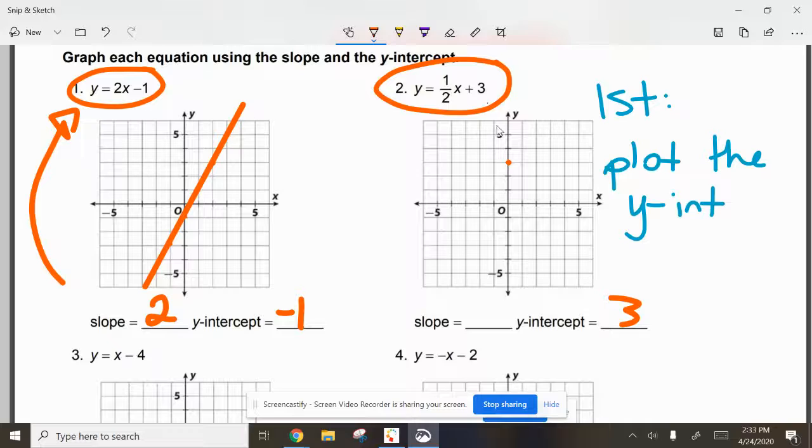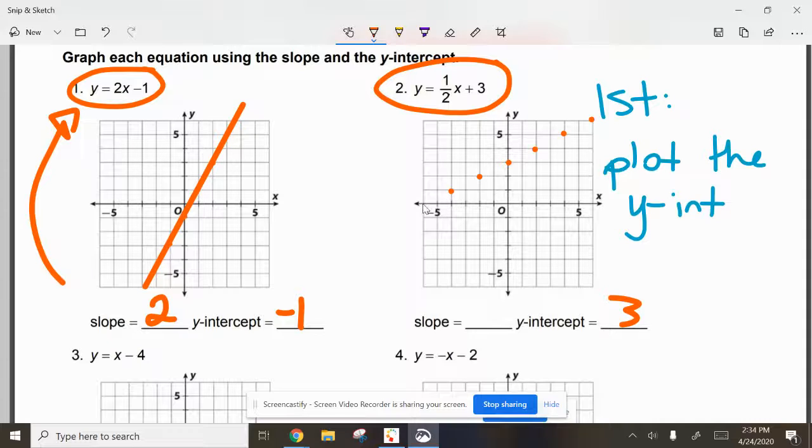So 3, positive 3. Then what's my slope? Is it positive or negative? Well, it's a positive number. Am I going to rise or fall? I'm going to rise 1 and run 2. Rise 1, run 2. If I'm rising 1 and running 2, can I fall 1, go to the left 2?